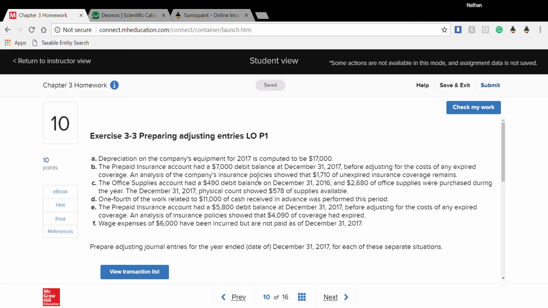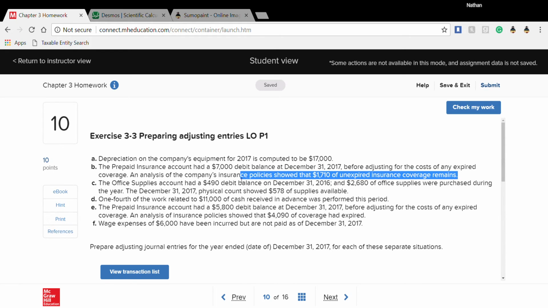B. The prepaid insurance account had a $7,000 debit balance at December 31st, 2017, before adjusting for the cost of any expired coverage. An analysis of the company's insurance balance showed that $1,710 of unexpired insurance coverage remains.